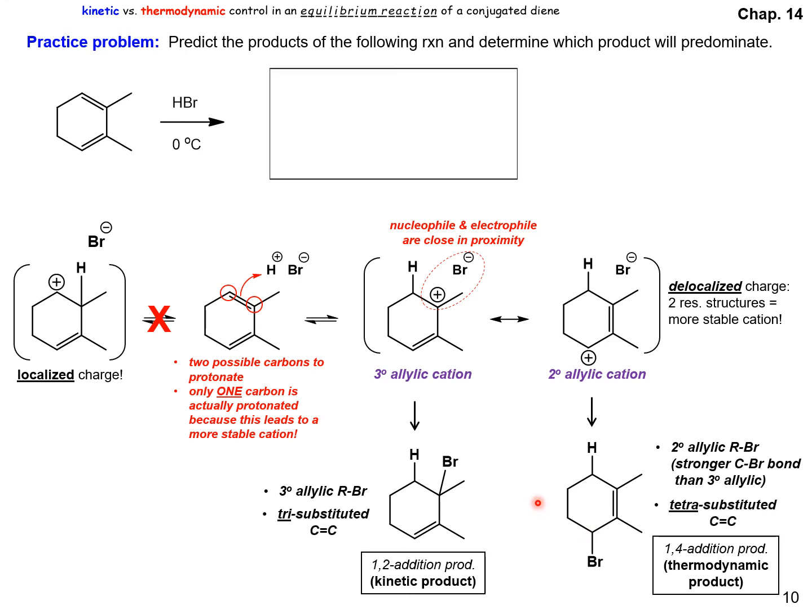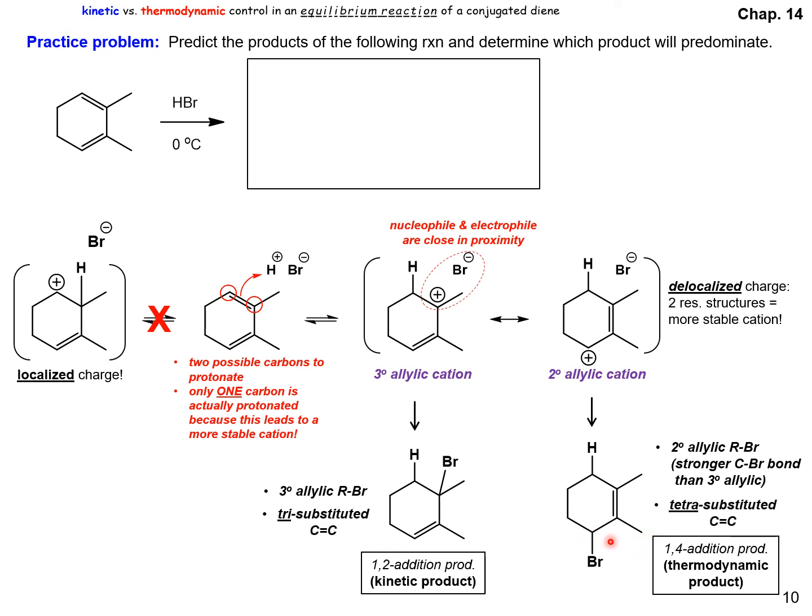In addition, the 1,4 product is a tetrasubstituted double bond, and the 1,2 product has a trisubstituted double bond. So this is more stable. So this is overall thermodynamically more stable. And these are the two products that we form.